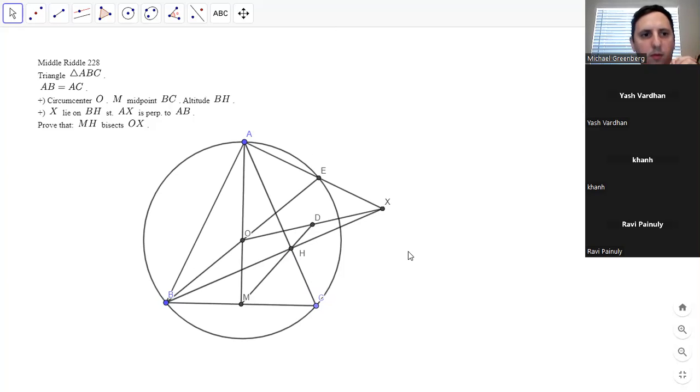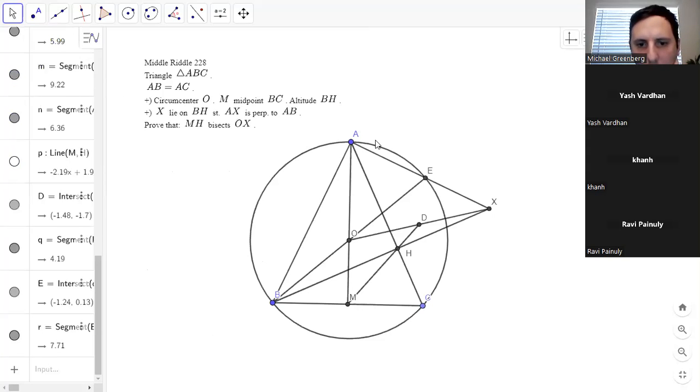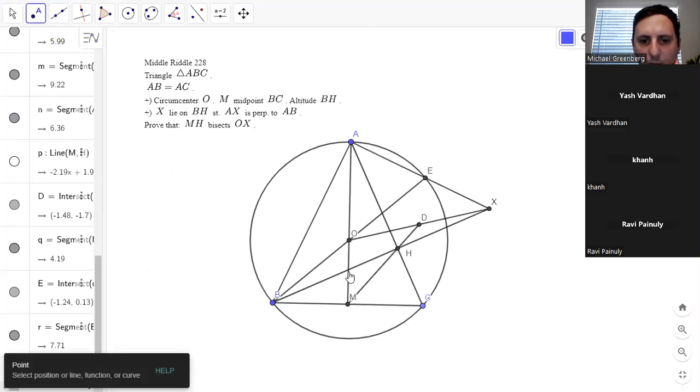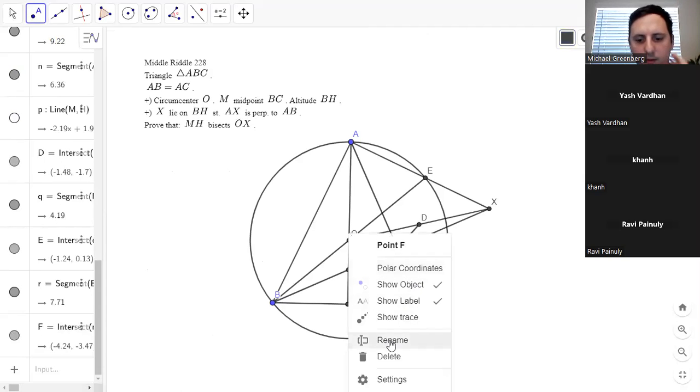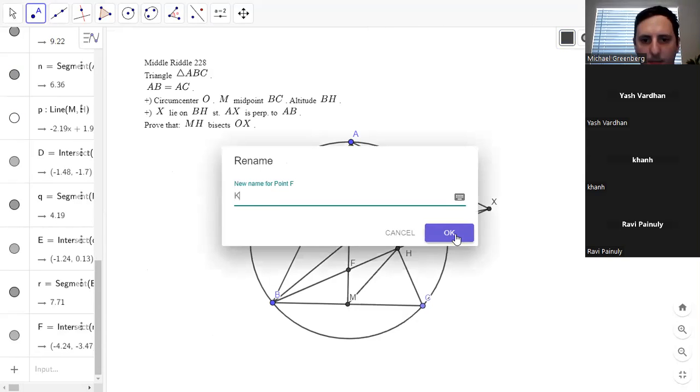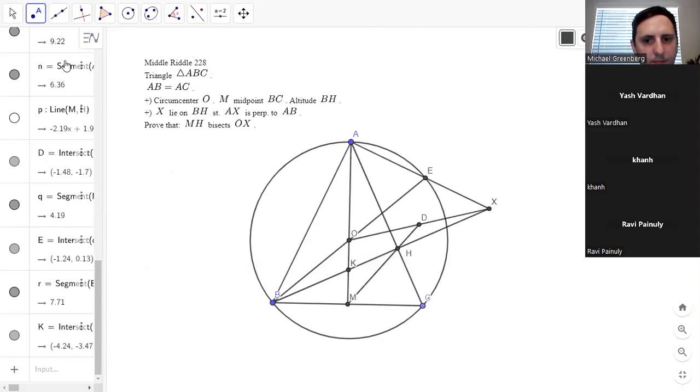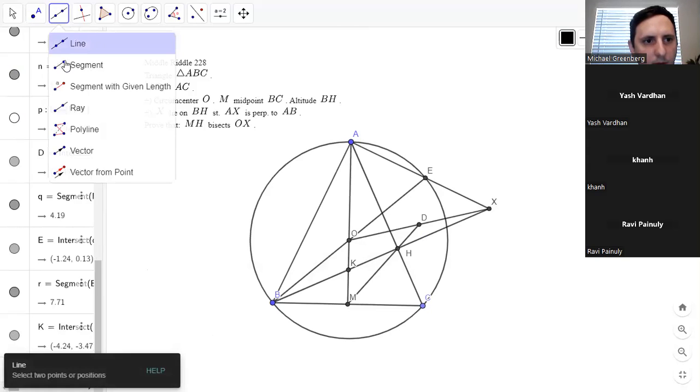I think I've solved it. Okay. So can you let K be the orthocenter of ABC? Well, yeah, it's just this point. Exactly. And then can you let AK intersect circumcircle ABC at a point? Yes.